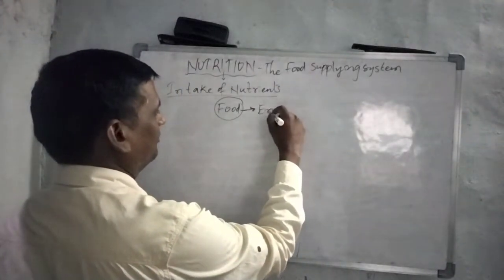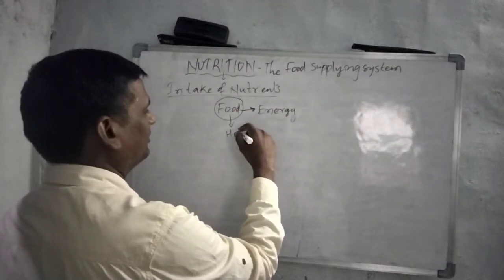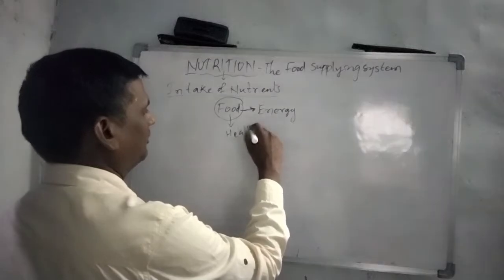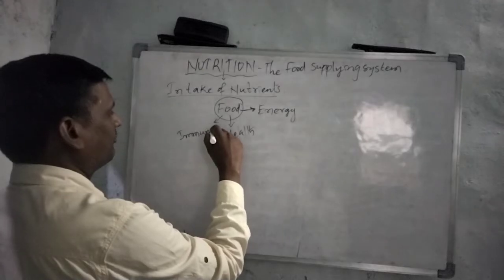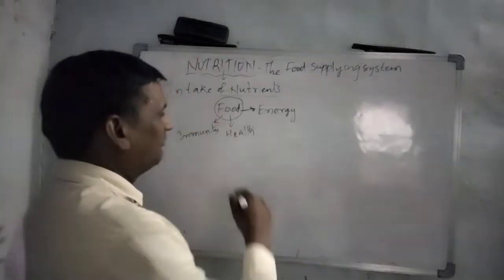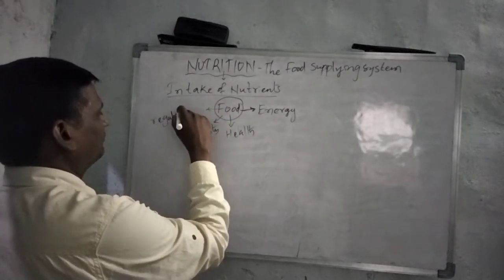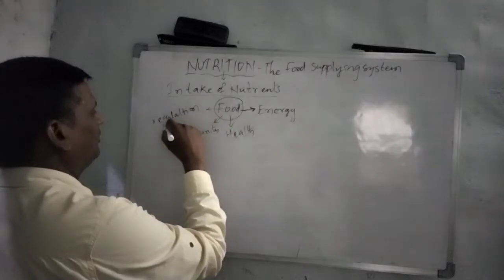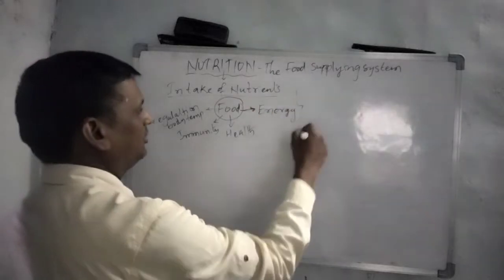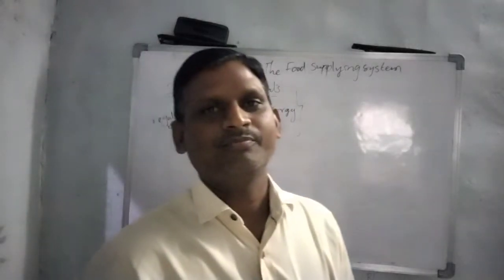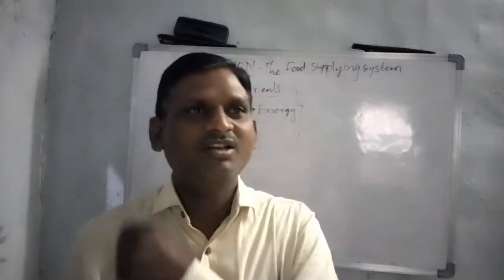From the food we get energy, we get health, we can get immunity, and we can also get regulation of the body temperature. In all these ways the food is useful. So food is essential for every living organism. Without food we cannot survive.